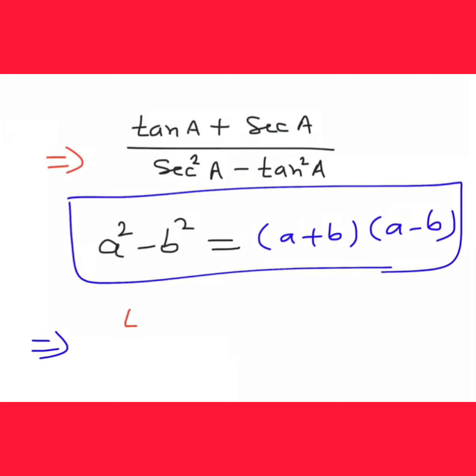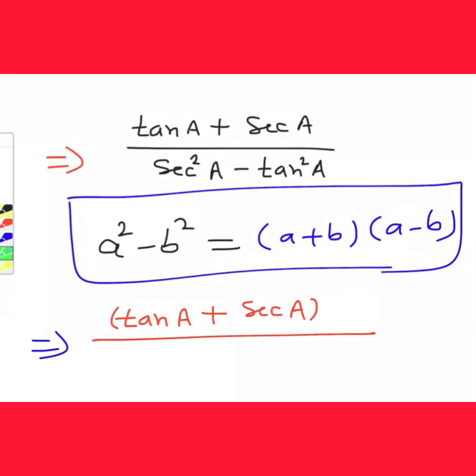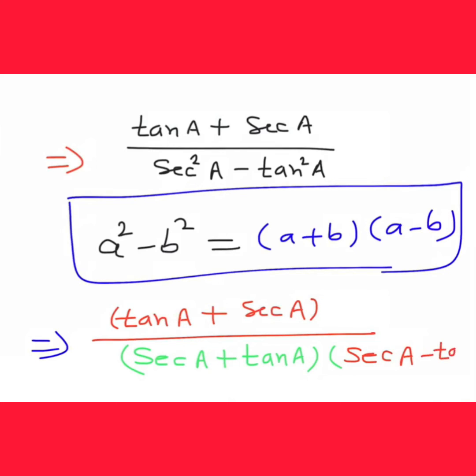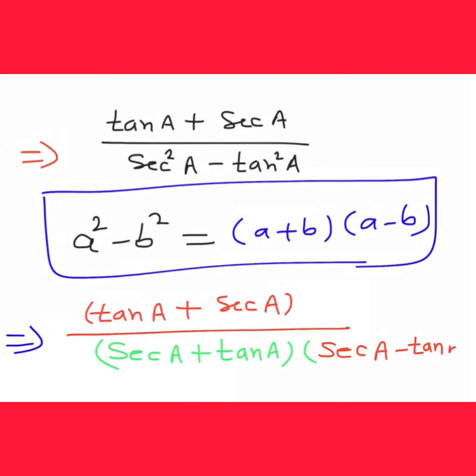Numerator is same to same, that is tan A plus sec A, and in the denominator you will use A plus B, A minus B, means sec A plus tan A, and second A minus B, means sec A minus tan A.